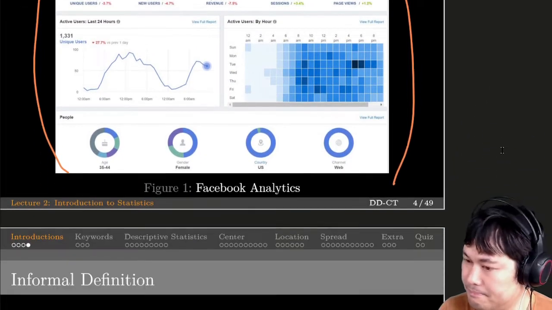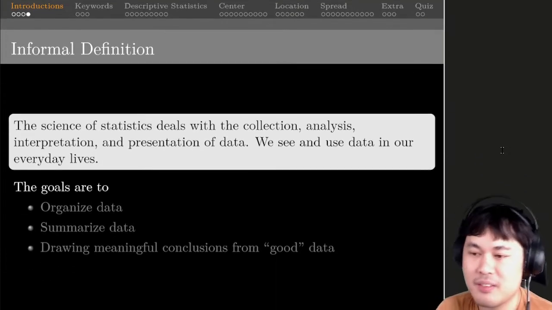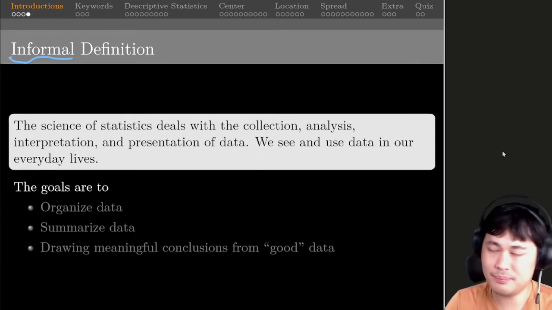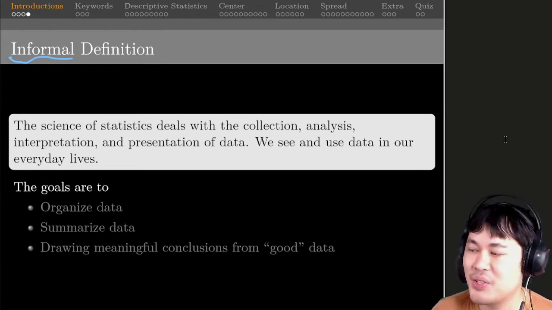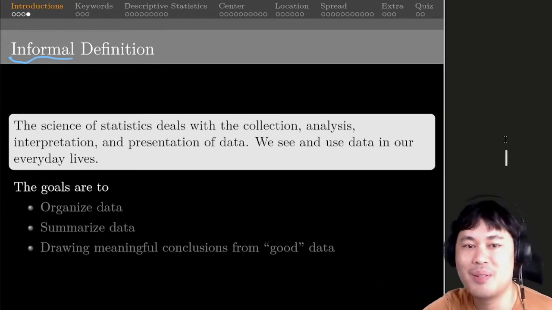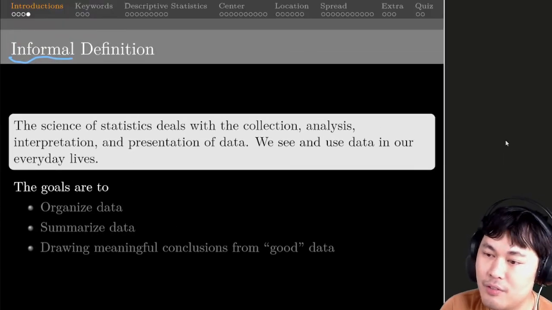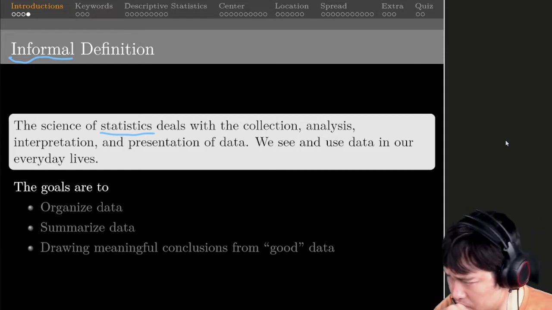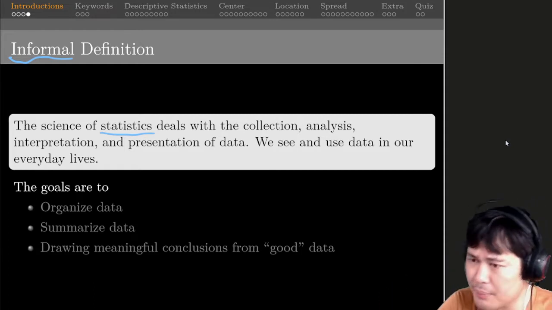Okay, so we have some definition, but again, it's informal. Statistics is a science. It's not just that you go around the street and ask people something. We use this information, this data, to give you some meaningful information.